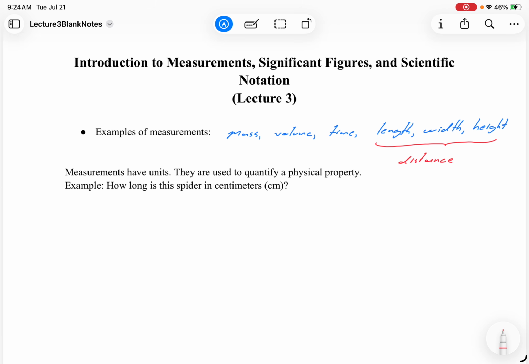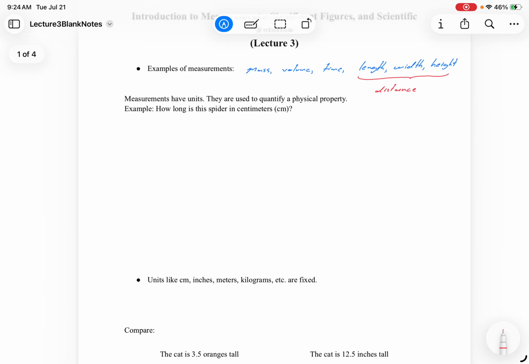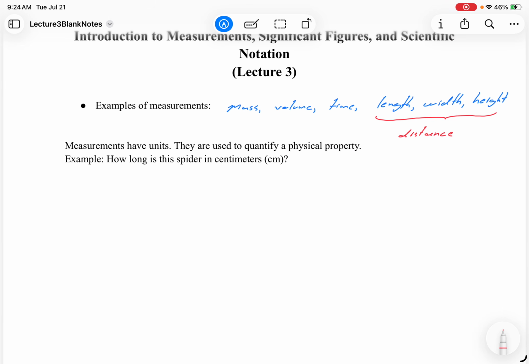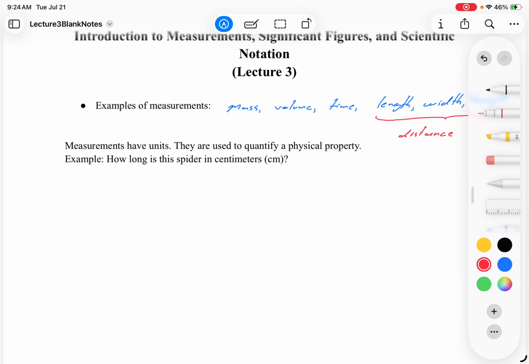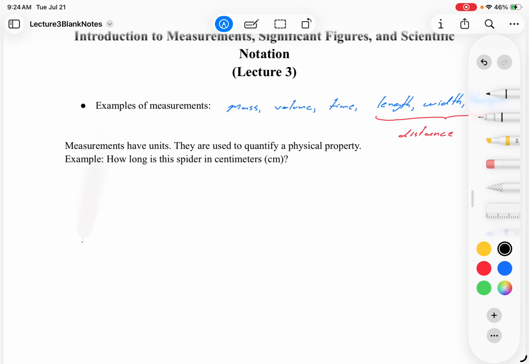So let's look at an example. The example here is: how long is this spider in centimeters? Let's go ahead and draw this. Assume we have a ruler, and we're going to measure in centimeters.